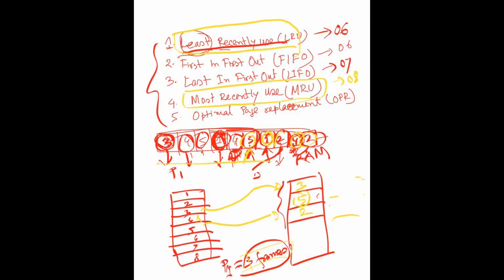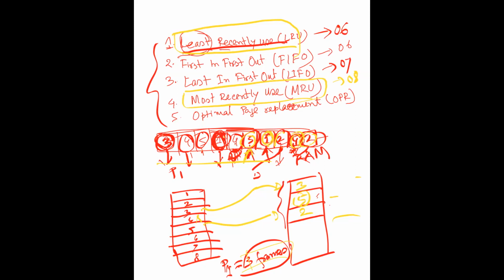Now let's see our next algorithm, called the optimal page replacement algorithm, or OPR. How does it work? When a CPU requests a byte or word that is not present inside the RAM, then the OS will replace the page that will not be referred to by the CPU in the near future.